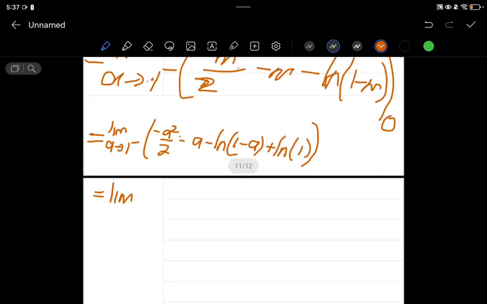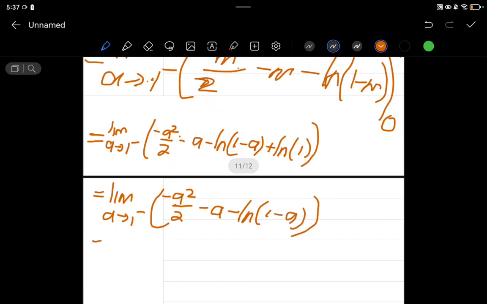The limit as a approaches 1 minus, and then we have minus a squared over 2 minus a minus ln of 1 minus a. Then this will be the limit as a approaches 1 minus, let me just plug from here.